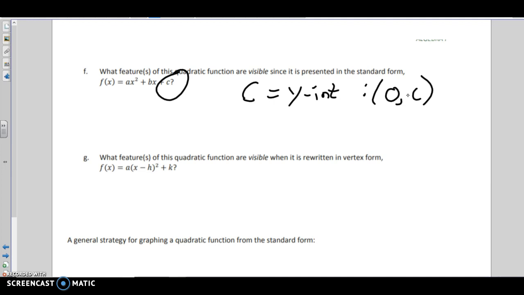And also don't forget what the a value tells us. If a is positive, the parabola is going to open up. And if a is negative, the parabola is going to open down.